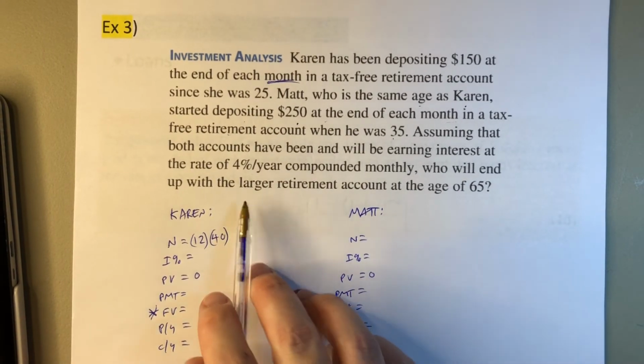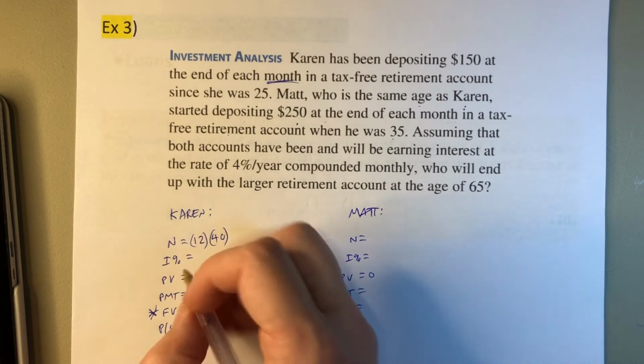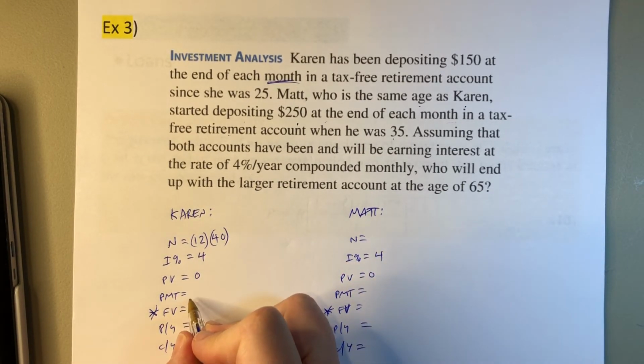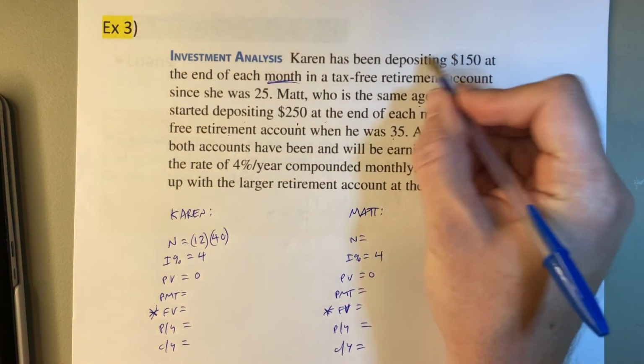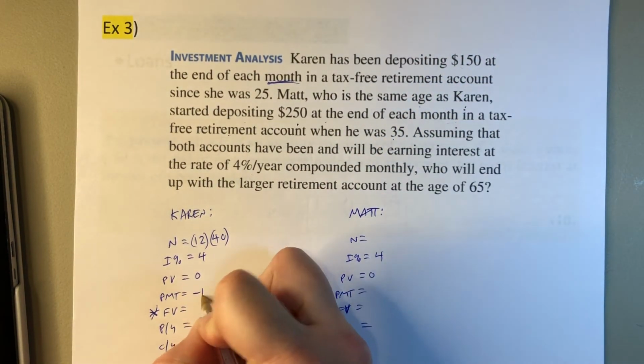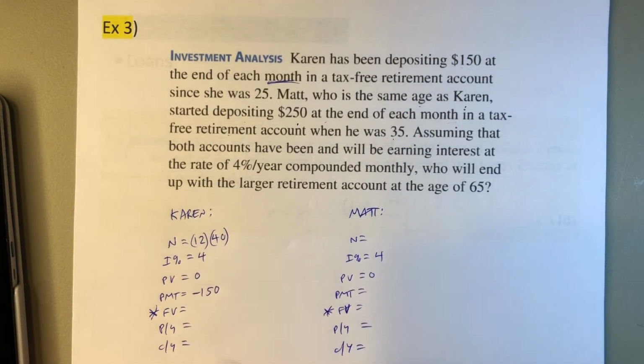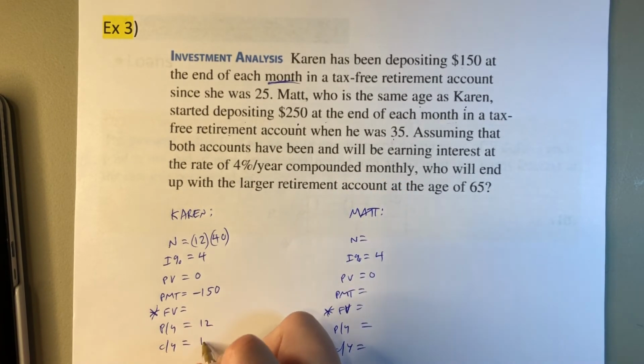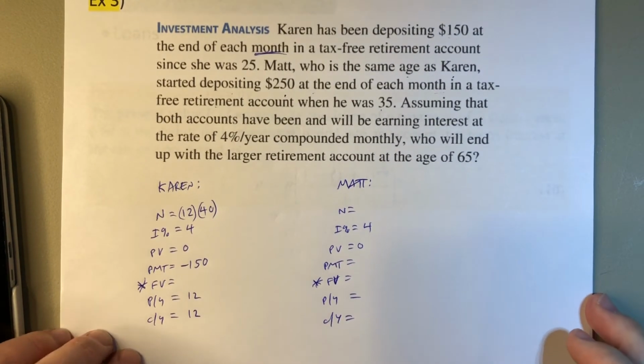What's the interest rate? For both of them, it's 4%. So that's going to be 4. Payment: Karen is depositing $150, so negative 150. Future value is what we're solving for. Again, the payment is monthly, which means she's compounding it monthly as well. These two things will be the same, which we've talked about already.